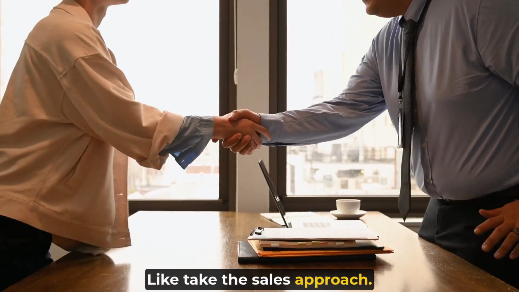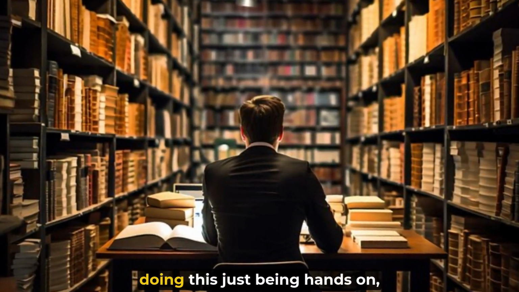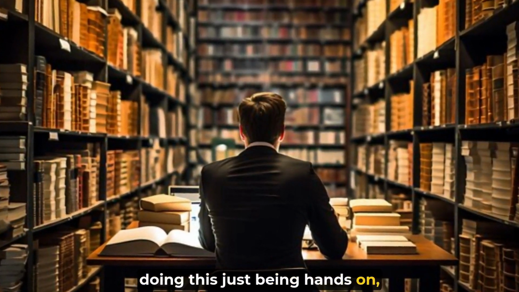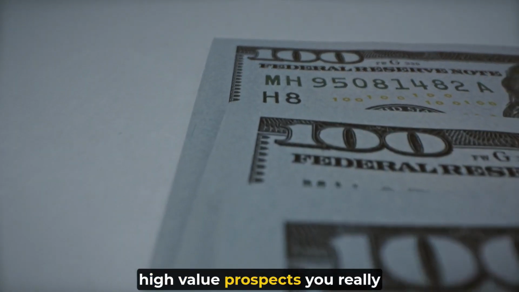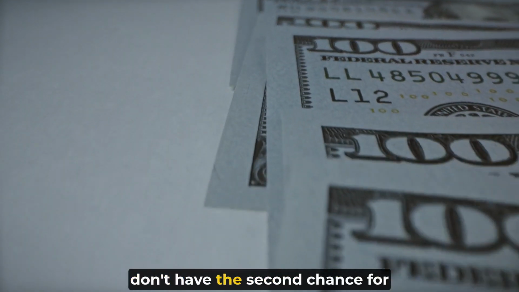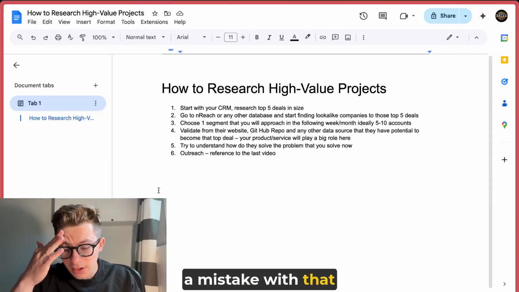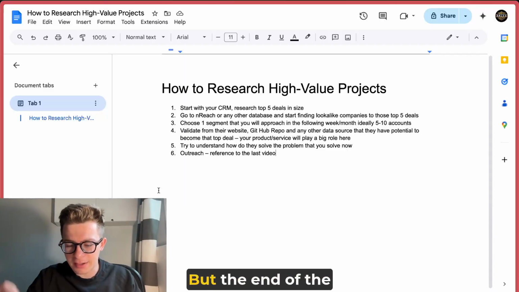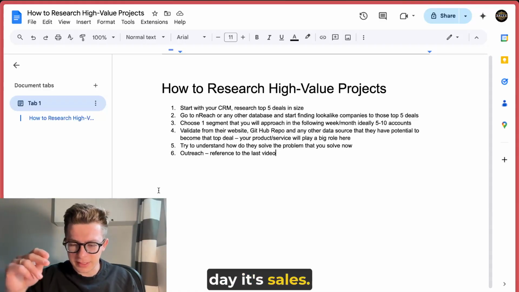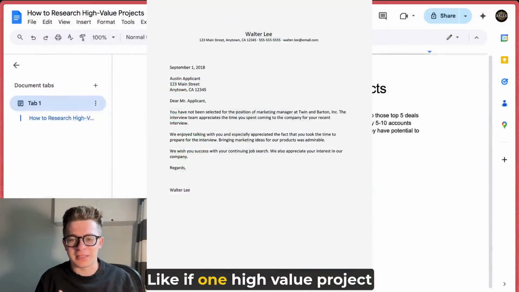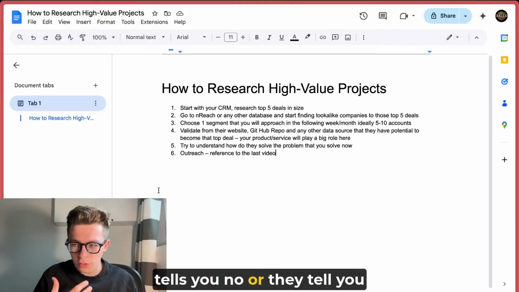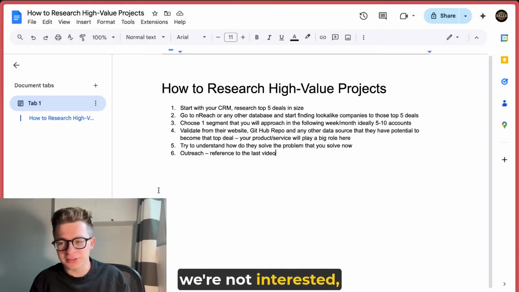Take the sales approach, because doing this research and being hands-on is very important. This is cool because with high value prospects, you really don't have a second chance for a mistake with that specific person. But at the end of the day, it's sales. It's about having a pipeline. If one high value project tells you no, or they tell you we're not interested, it's not a problem.